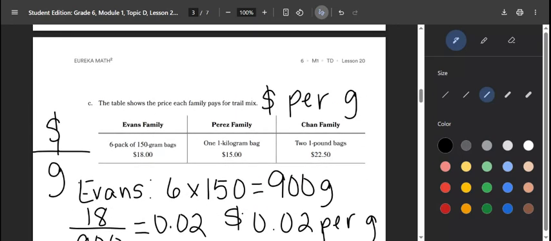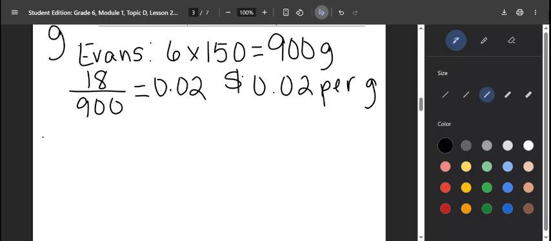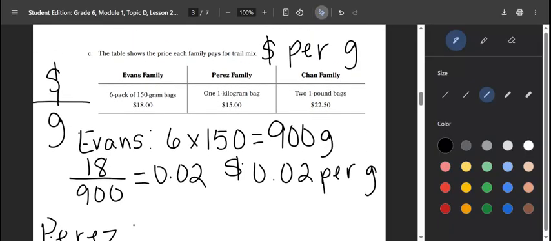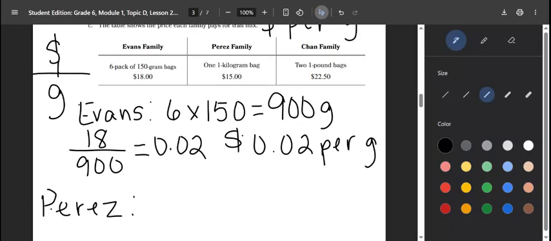All right, and then the next family is the Perez family. Now the Perez family's price is in kilograms, so we have to change the kilograms to grams. They buy a 1 kilogram bag. Well, 1 kilogram is 1,000 grams.